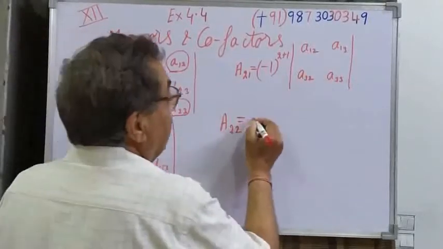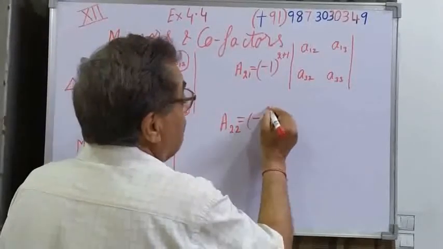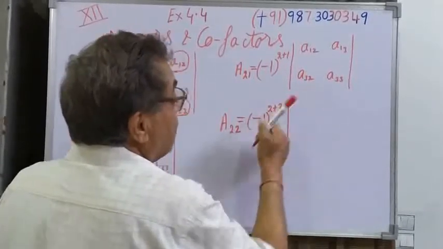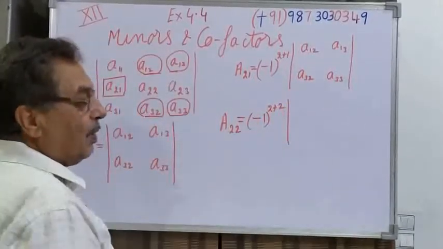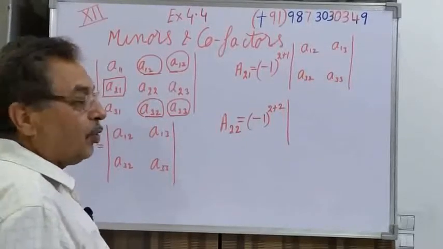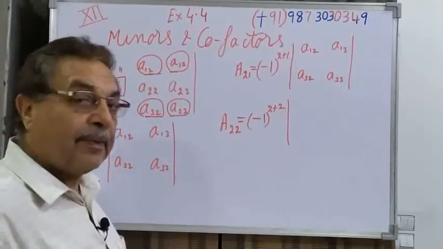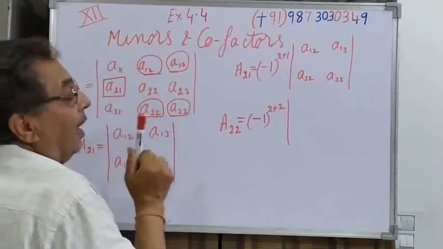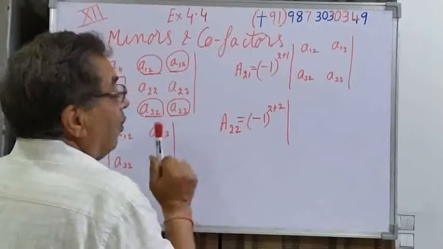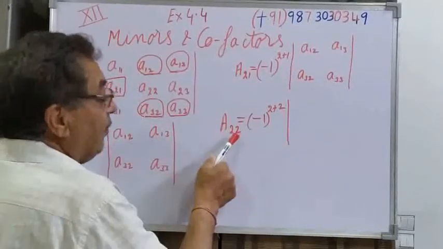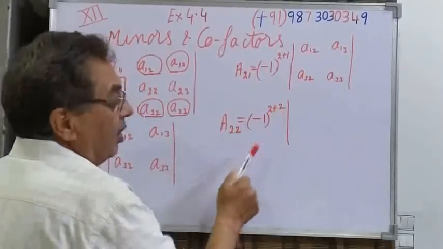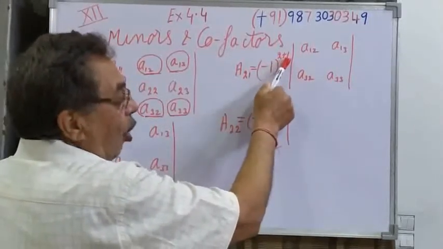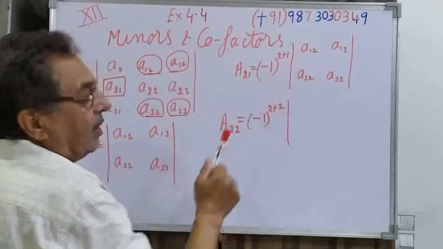So then we will write down minus 1 raised to power 2 plus 2, and 2 plus 2 means even power is there. So minus 1 to power 4 gives the plus sign. So cofactors of the elements whose indices have the sum even, 2 plus 2, 4, will be of the positive sign, and whose sum is odd, 2 plus 1, 3, we will get the negative sign.